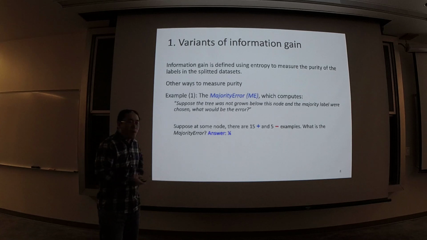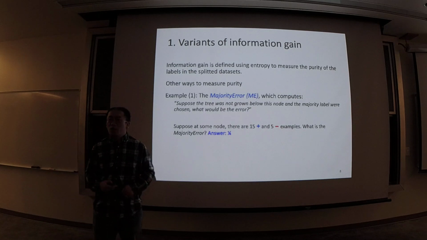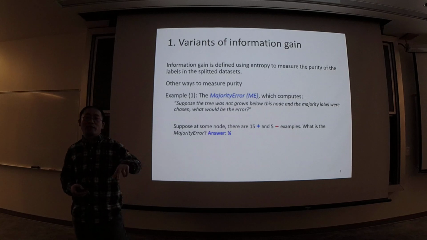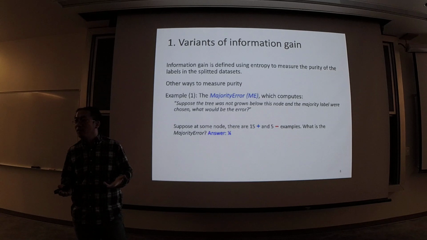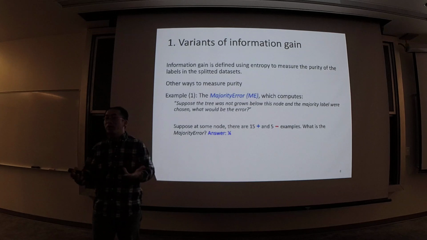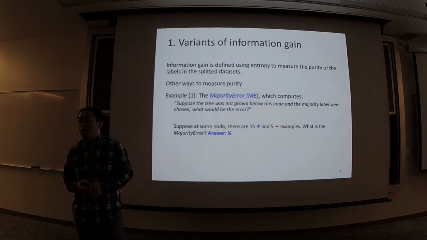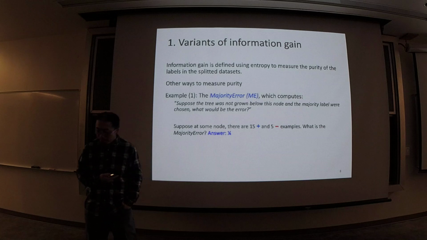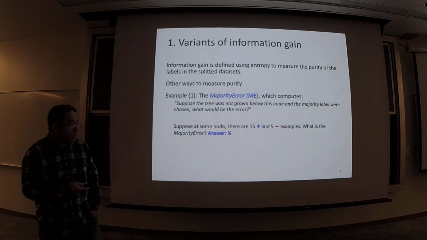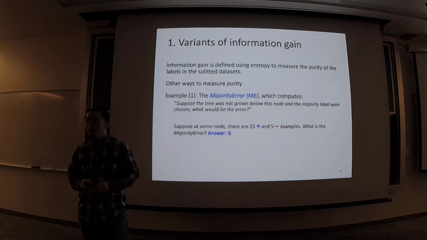But what if my examples are half positive, half negative? What is the majority error? Half, right? So actually, we can show that the majority error for two labels cannot exceed half. Why? Of course, if you have more negative than positive examples, your majority label will become the negative label, and you still get less than half majority error. So on the other extreme, the largest majority error indicates the worst purity.